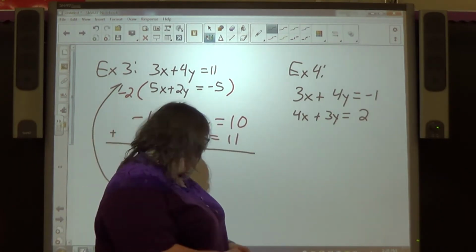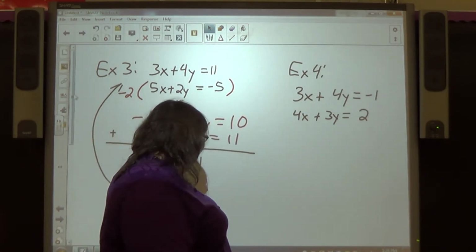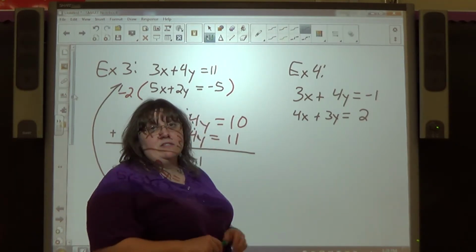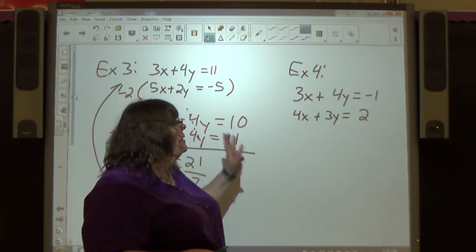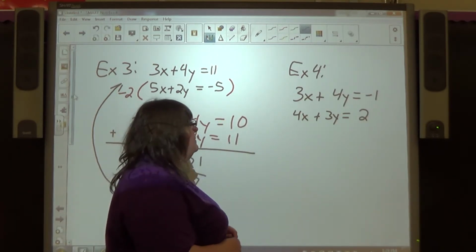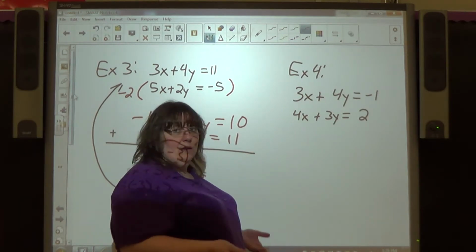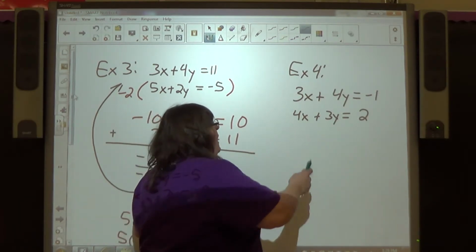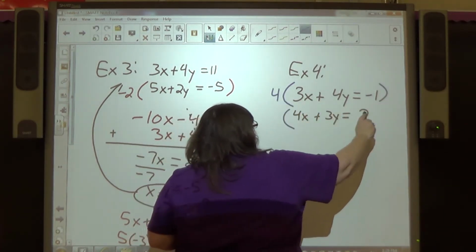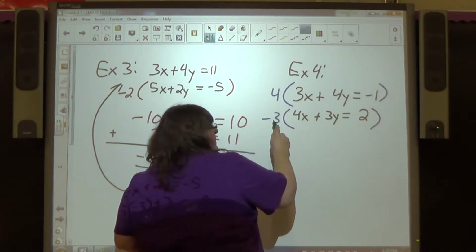Now it doesn't matter. I can eliminate either x or y. All the examples we've done so far have eliminated y. This example, I'm going to eliminate x. Since I need a 12 to eliminate, I am going to multiply the top one by 4 and the bottom one by negative 3.